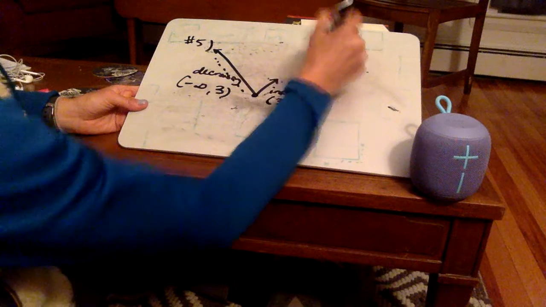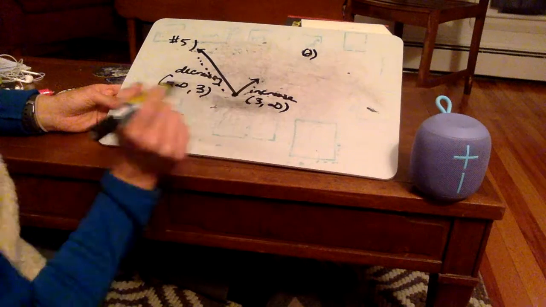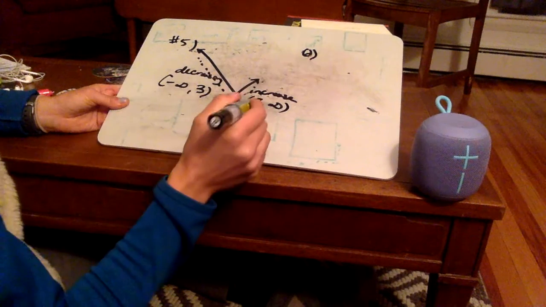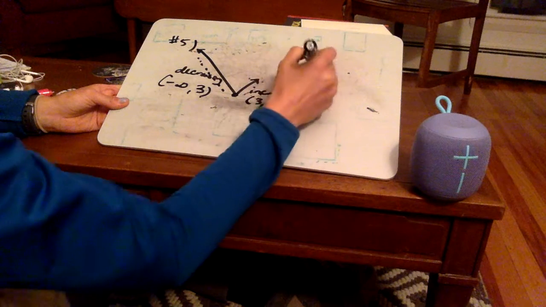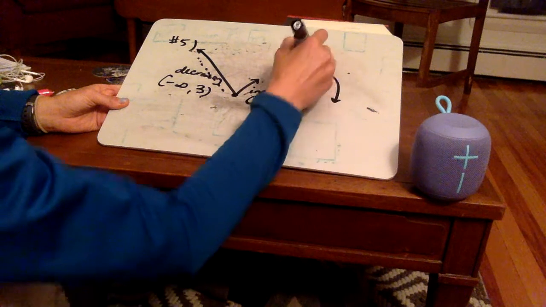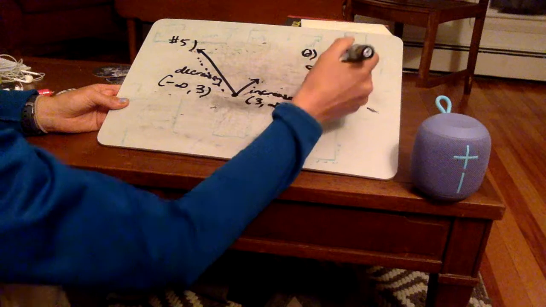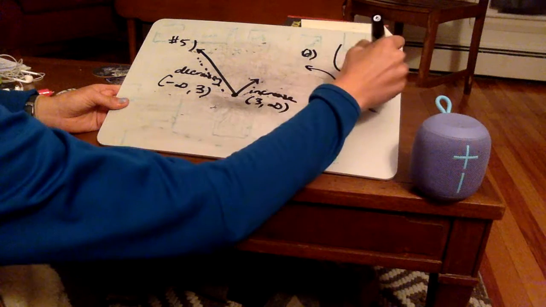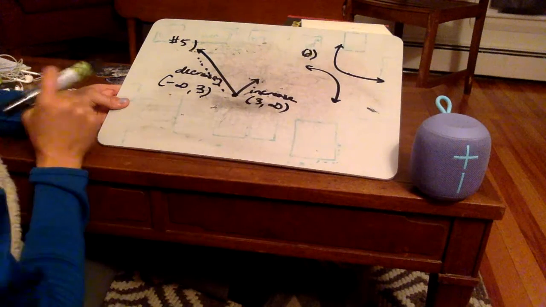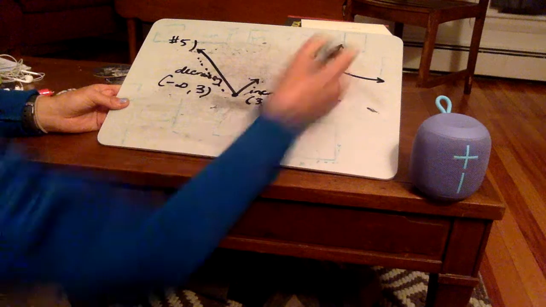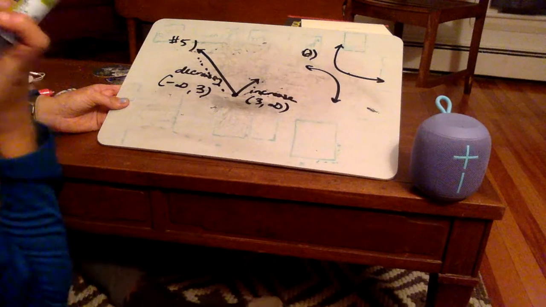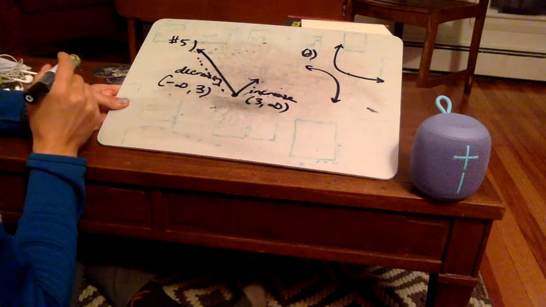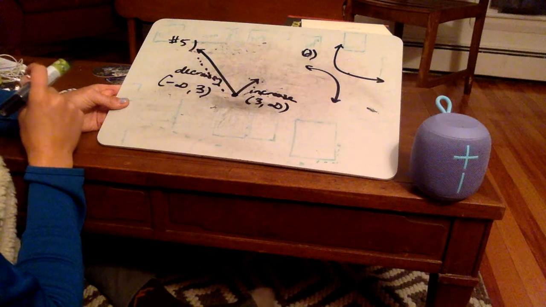In number 6, I have a reciprocal graph. I have something that looks like this and something that looks like this, and then we have a point in the middle that they'll never touch. I'm wanting to know where it's increasing.